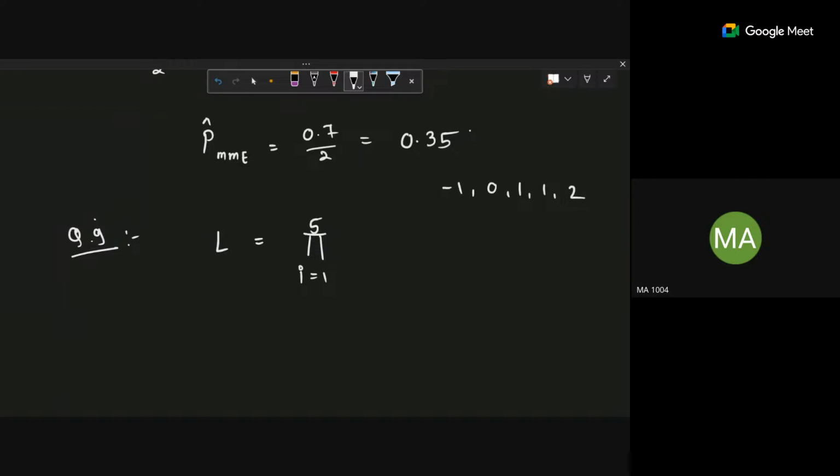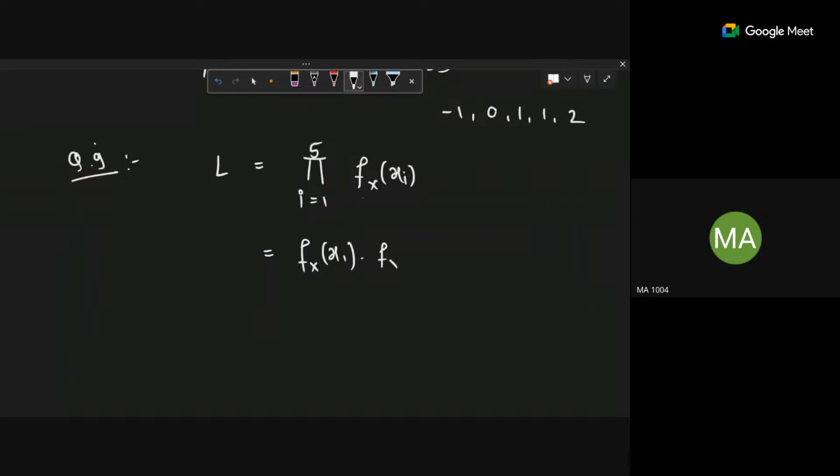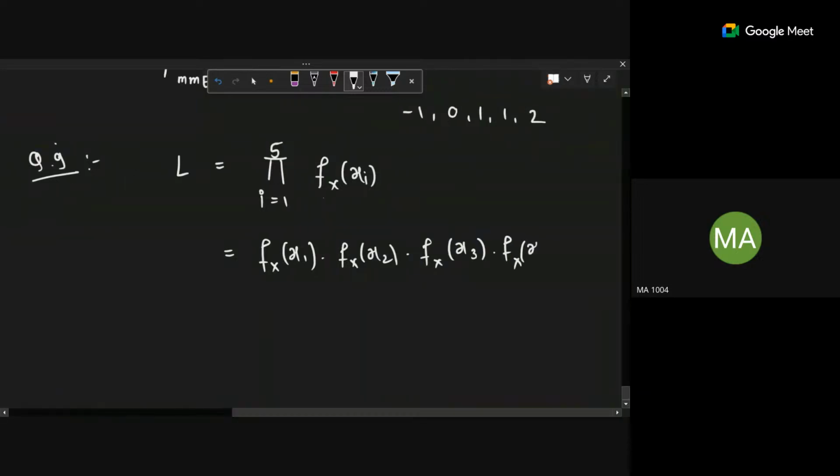So the product of the PDFs of your samples. We'll just make the product: f(x1) multiplied with f(x2) and so on, up to f(x4) and f(x5).